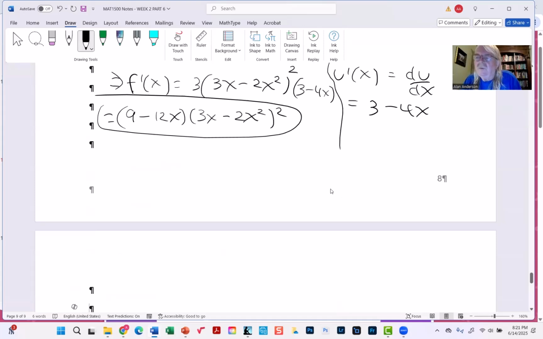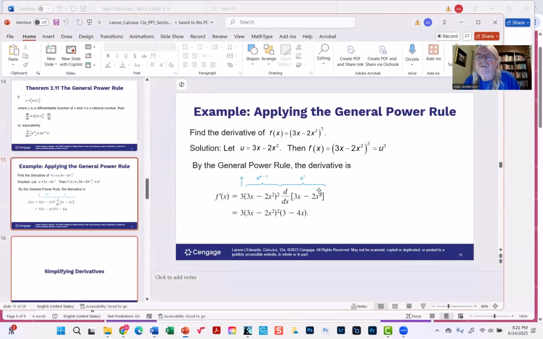But once you've done enough of these, first of all, you have to recognize it when you're using the general power rule. And secondly, you have to remember how to work it. Like a lot of these cases, after you've done a few of these examples, you'll find it to be pretty straightforward once you get used to it.